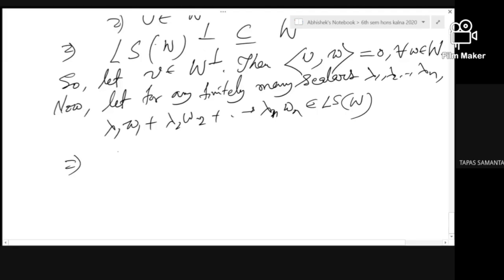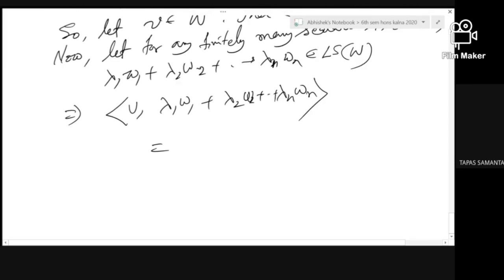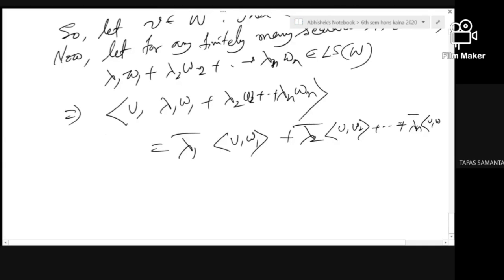So this implies the inner product of V with lambda 1 W1 plus lambda 2 W2 plus ... plus lambda n Wn equals lambda 1 bar inner product V, W1, plus lambda 2 bar inner product V, W2, and so on up to lambda n bar inner product V, Wn.